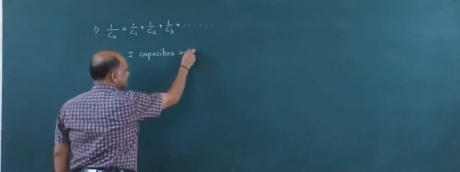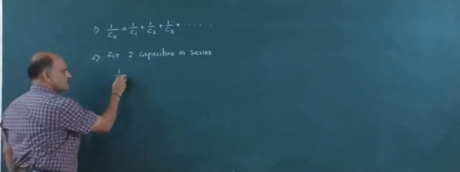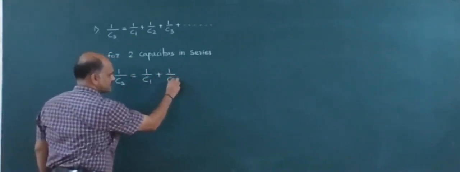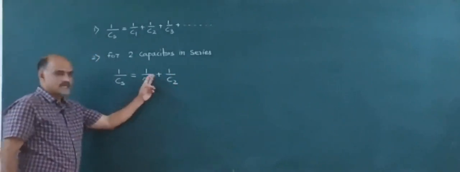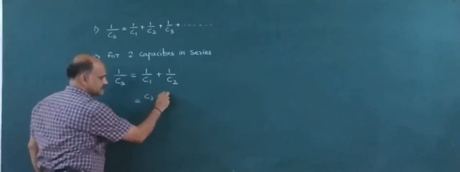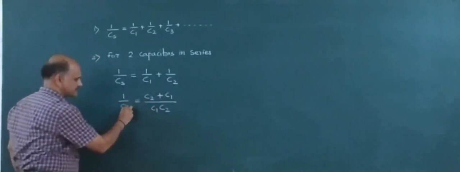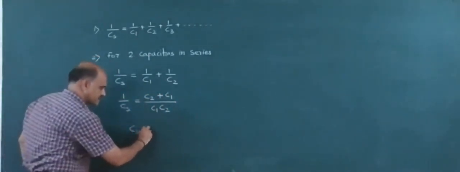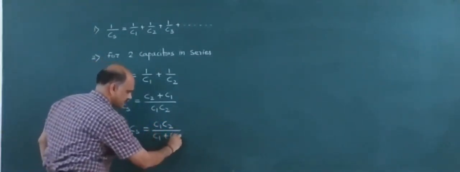If there are 2 capacitors in series, you will have 1 by Cs is equal to 1 by C1 plus 1 by C2. Take LCM on the RHS, you will have C2 plus C1 divided by C1 C2, that is 1 by Cs. Now take reciprocal, you will have Cs is equal to C1 into C2 divided by C1 plus C2.